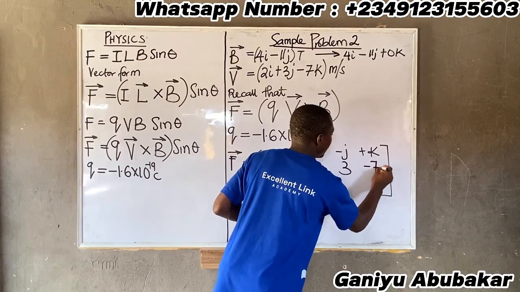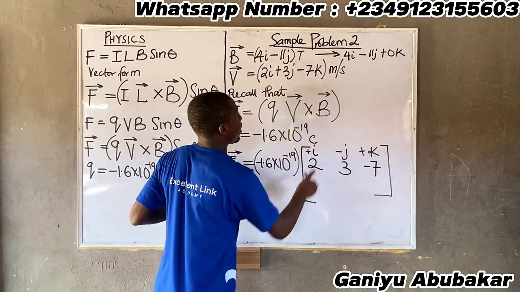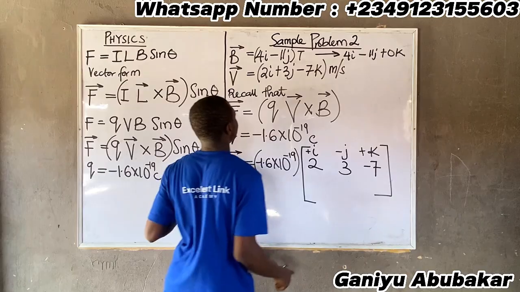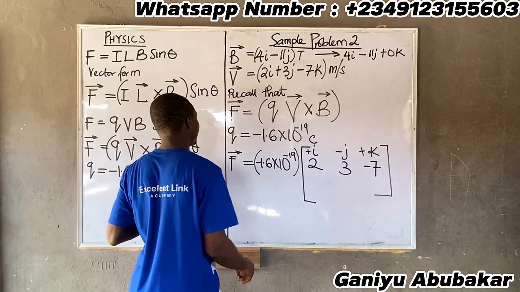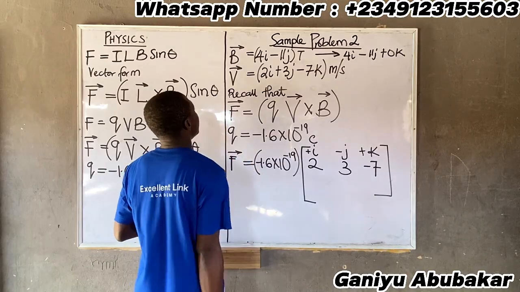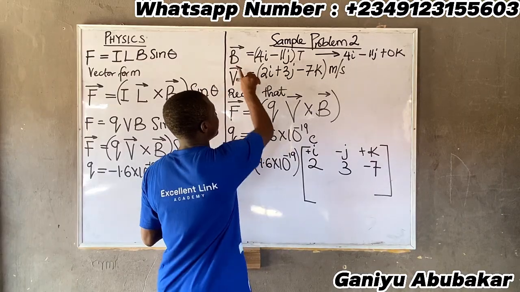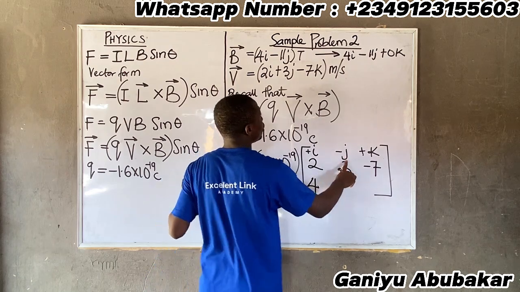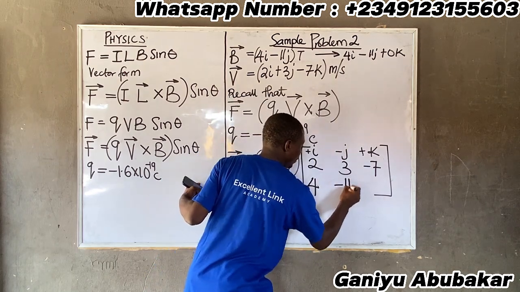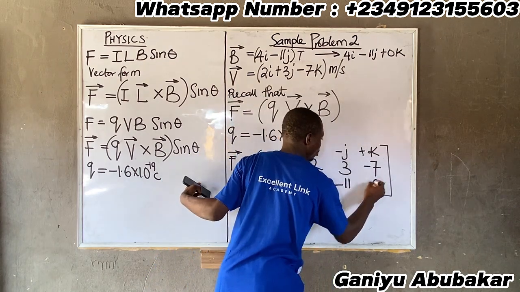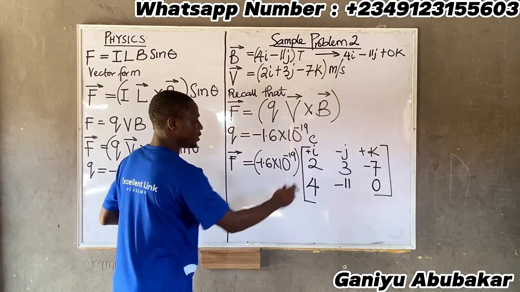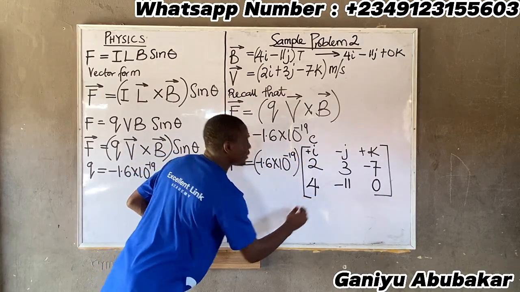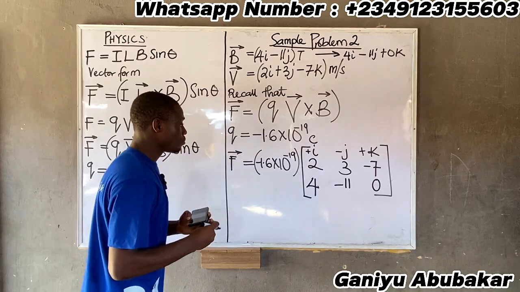So I have minus 7 here. Moving on, for my magnetic field, I have I is 4, J is minus 11, and K is of course 0. So with this, I can apply the matrix concept to solve this problem easily.